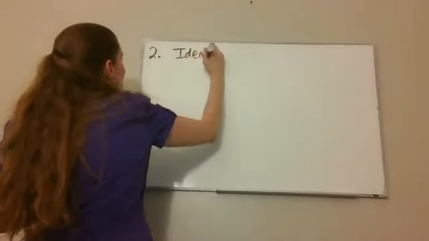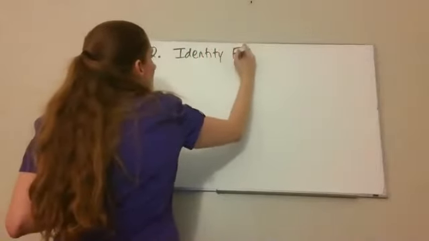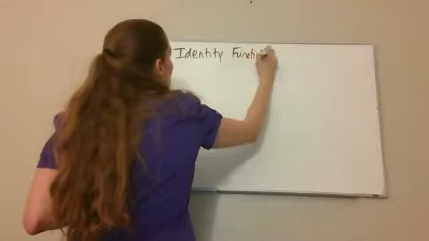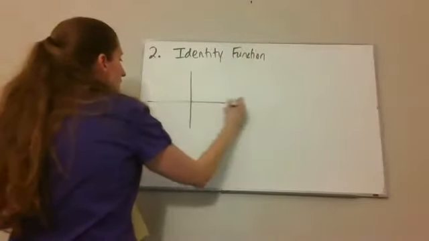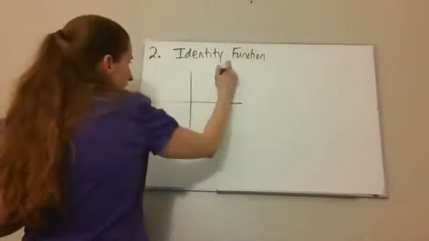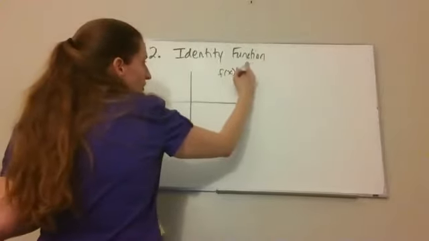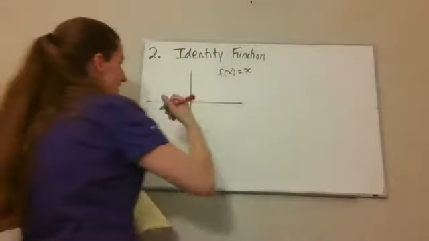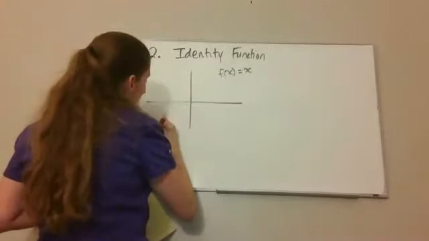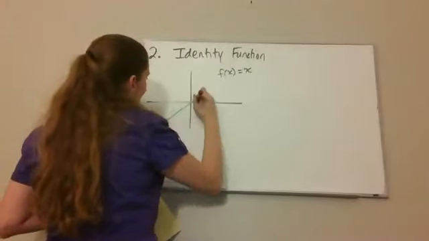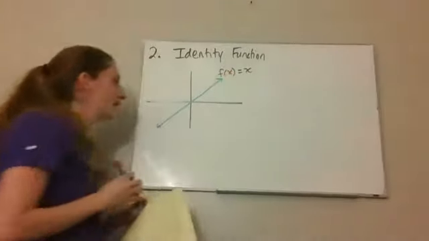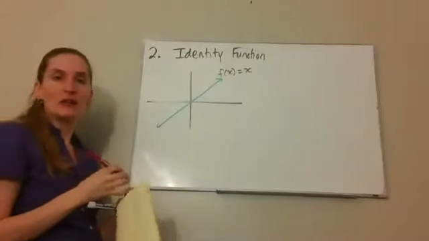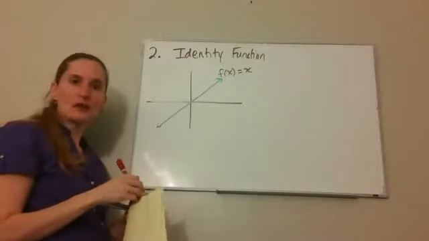The identity function is the function that takes in the input of x, and the output is also x. It doesn't do anything to the input. If you graph f of x equals x, you get a nice straight line, and it's a perfectly diagonal line, 45-degree angle going through the origin.